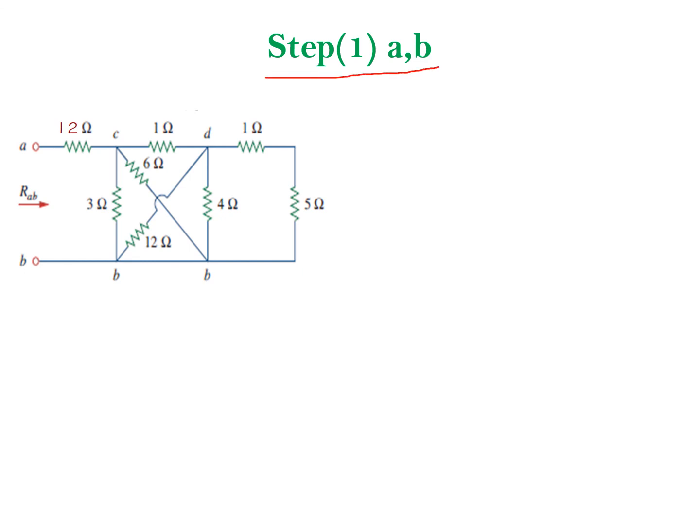The first one, what we have to do: I have to take the 3 ohm resistance and the 6 ohm resistor. Not 12 ohm, the 3 ohm and 6 ohm resistors. And here I have to take the 4 ohm and 12 ohm resistors.